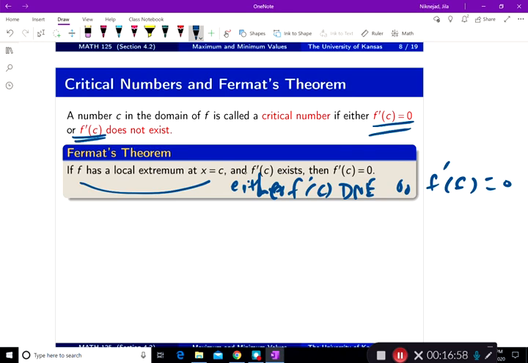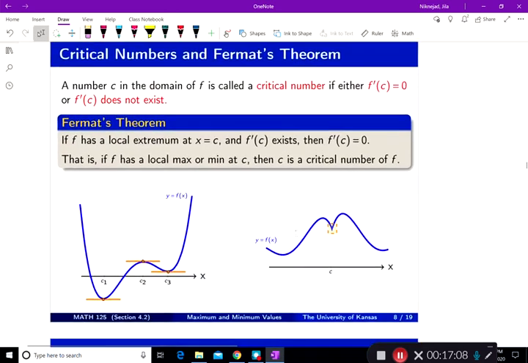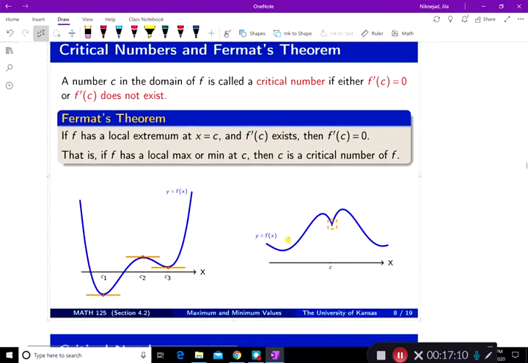So if f has a local extremum at c, either f prime of c does not exist or f prime is equal to 0. And here are a few of the choices that we can have.